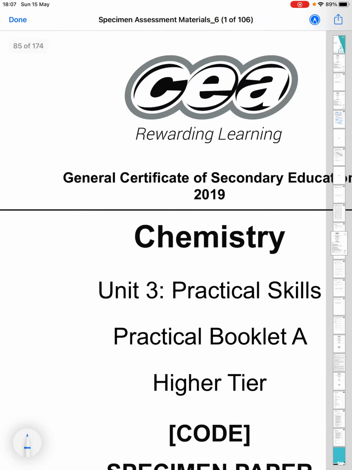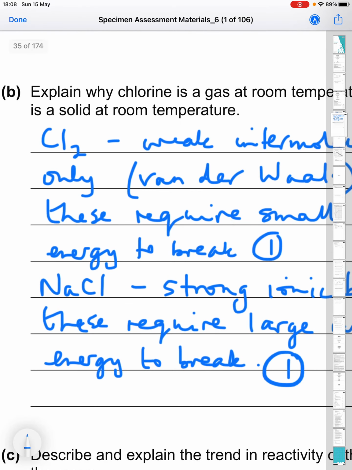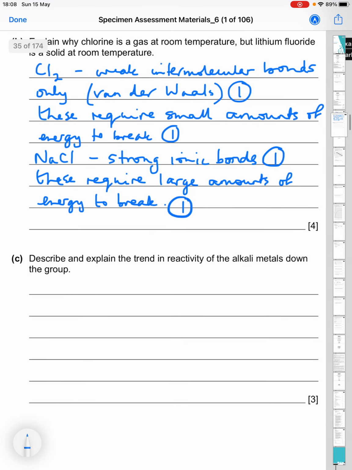So that's your 4th mark. Okay, so chlorine has weak intermolecular bonds, the van der Waals, and those are between the chlorine molecules, and they just require small amounts of energy to break. Sodium chloride has strong ionic bonds, of course it's in a giant lattice, and requires large amounts of energy to break those bonds.